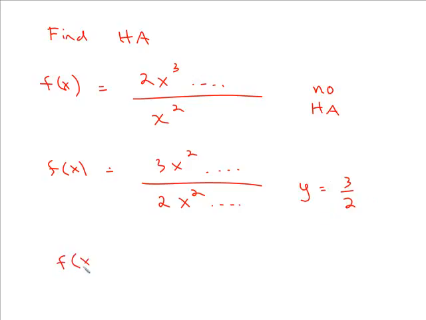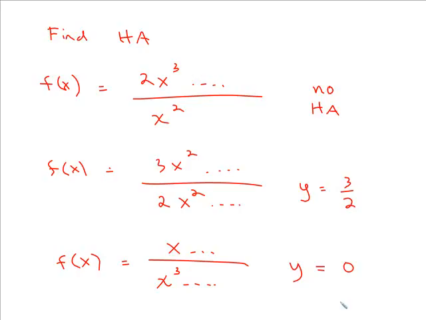And if the denominator happens to be bigger, say x to the third, then the degree of the denominator is bigger, so your horizontal asymptote is the line y is equal to 0.